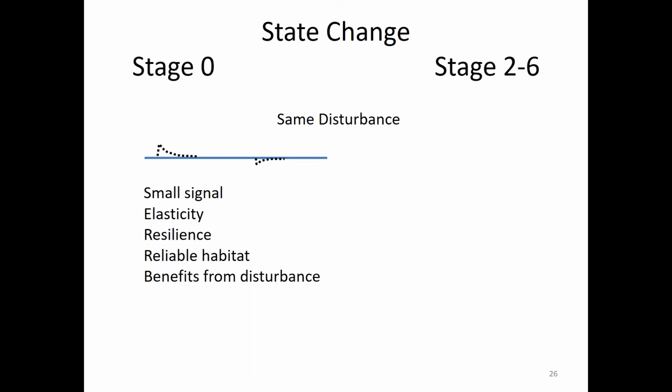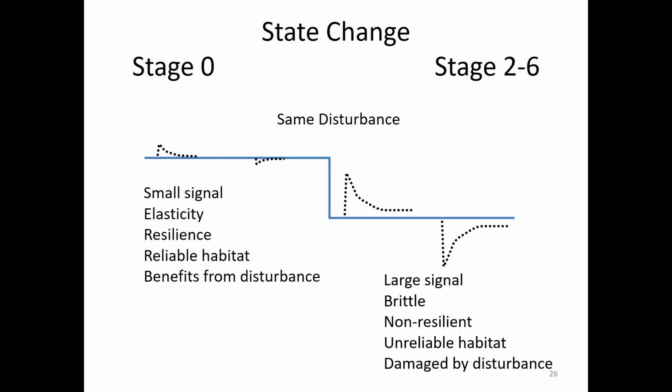There's a large area for disturbances to be spread out across and perhaps not even be detectable as compared to any of the alternative channel forms that are single thread and high capacity. That same disturbance can have a large effect, a large signal, because these are brittle systems. They're not resilient. They have unreliable habitat because of that, and they're damaged by those very same disturbances.